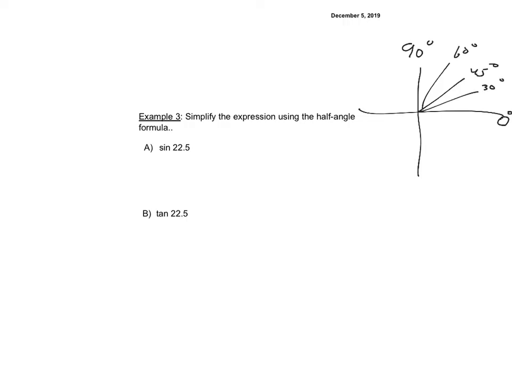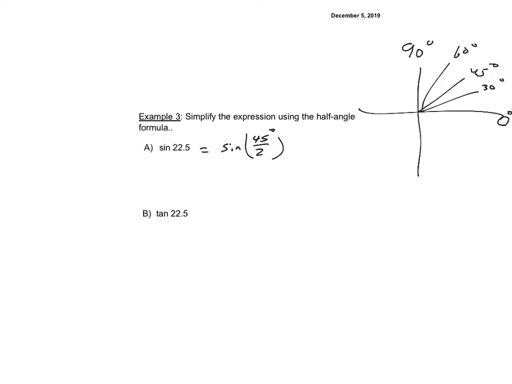Since we're doing half angle, one of those we can divide by 2 and it'll give us 22.5. Oh yeah, 45. So if I take 45 degrees and divide it by 2, I'm going to get 22.5 degrees. All right, so then I can use my half angle formula.